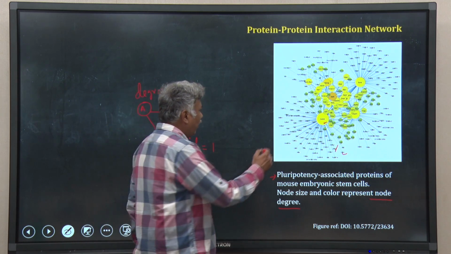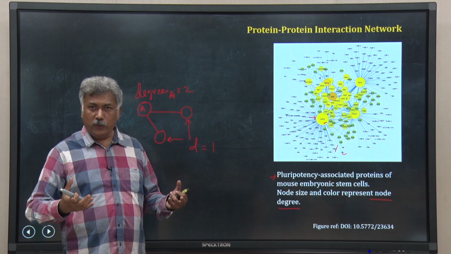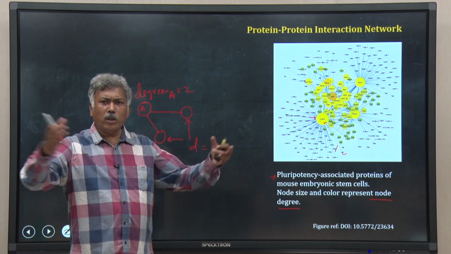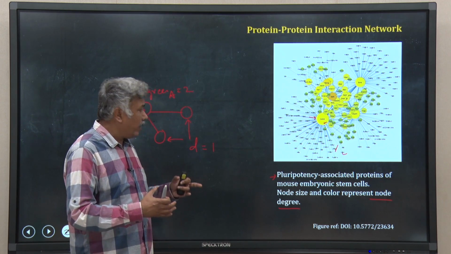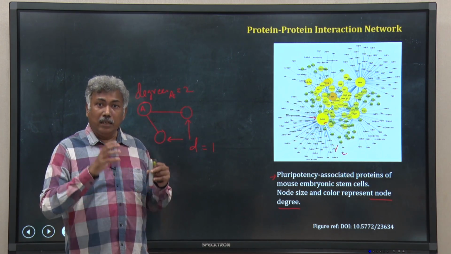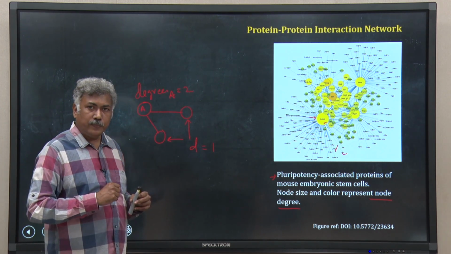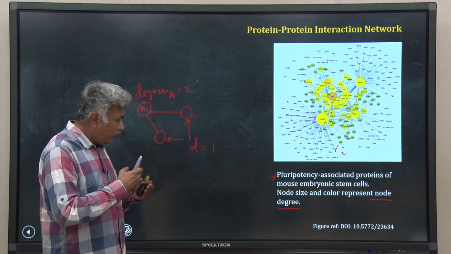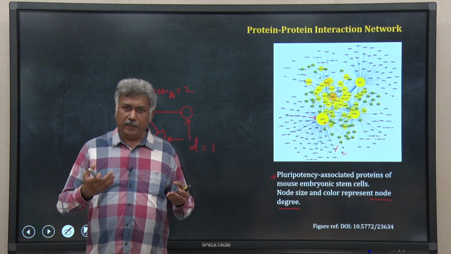As you can see, Oct 3 and 4 is actually a hub molecule. It connects to lots of proteins and controls the function of lots of proteins, and that is why it has a very high degree, and that is why they have used a large circle with a deep color to represent Oct 4.